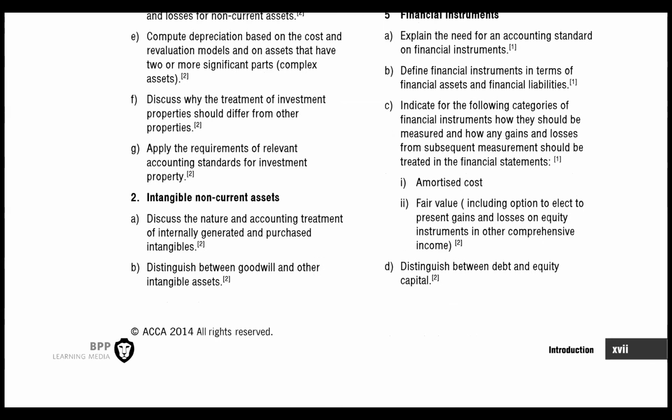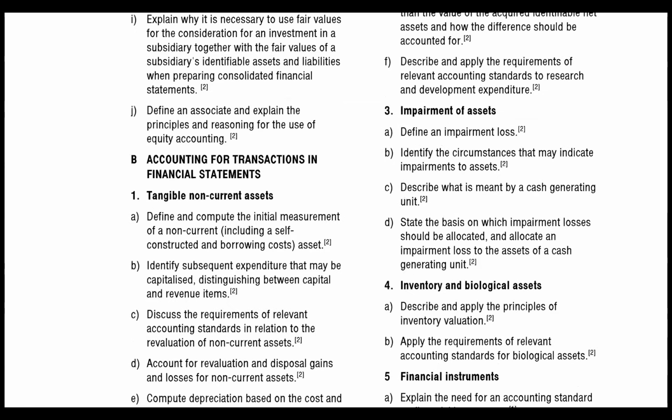We even talk about the intangible non-current assets. We will begin by talking about the nature and accounting treatment of these internally generated and purchased intangibles. We will give the distinction between the goodwill and the other intangible assets.